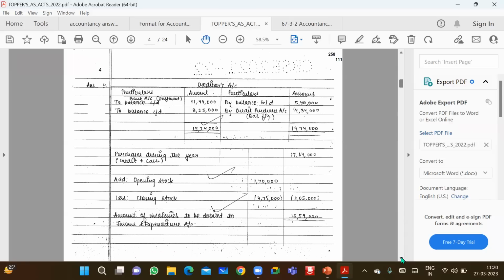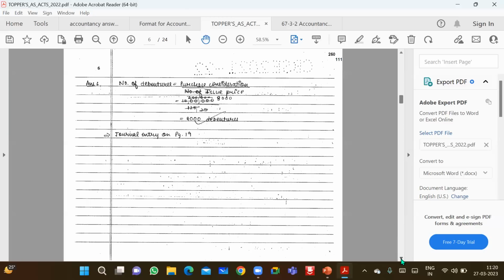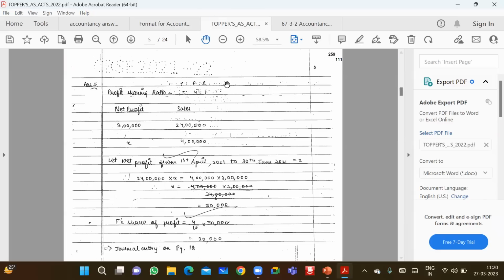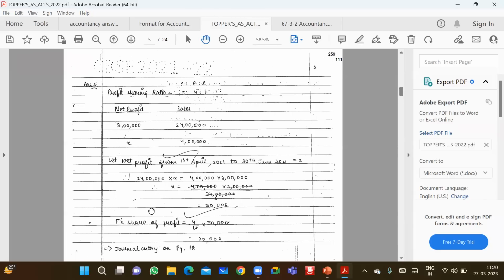So here after question number 4, it's question number 5. In question number 5, you can see the workings have been given on the rule sheet, and the entries we need to see. And then lastly, you can see the journal entry is on page number 18. So what is the problem here?